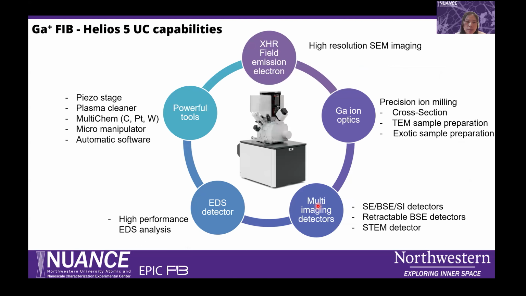Next I will introduce the new Helios 5 UC from five aspects: the high resolution SEM imaging, the gallium ion optics, and then the multiple imaging detectors, including secondary electron detectors, backscattered electron detectors, and other retractable detectors like STEM detectors.